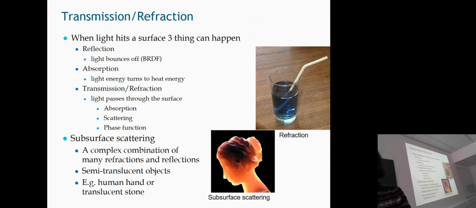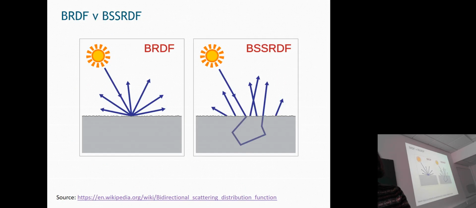That's why we have this displacement of the straw. And subsurface scattering, illustrated very well here: while BRDF only deals with the surface, subsurface scattering also takes into consideration all the interaction between the photons and the material that happens within the object after the penetration of the light.